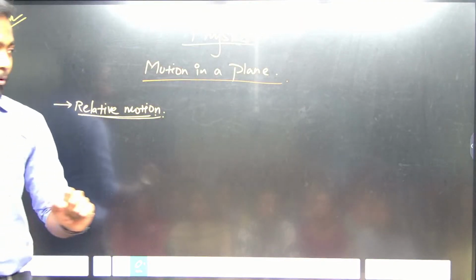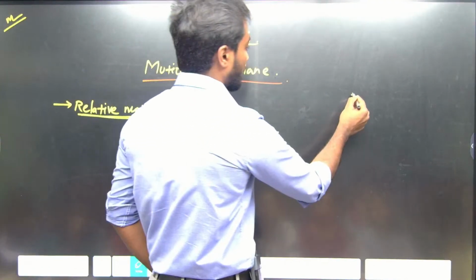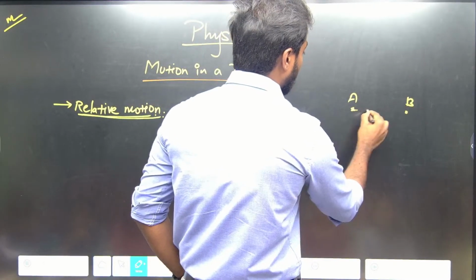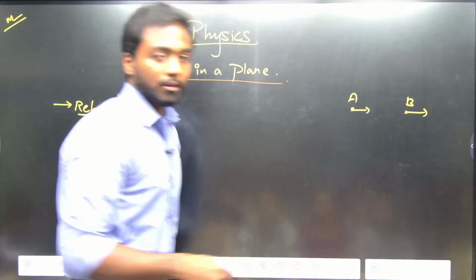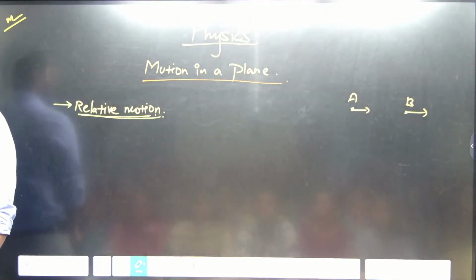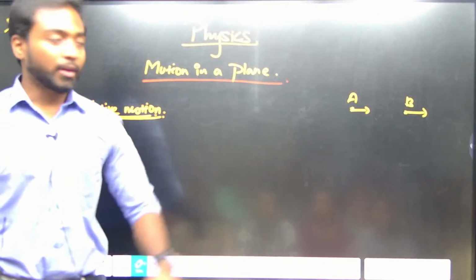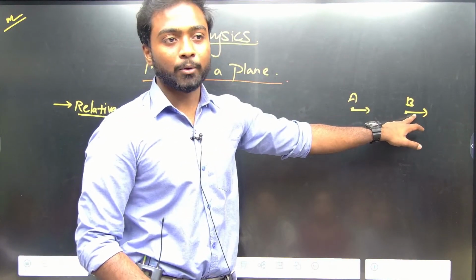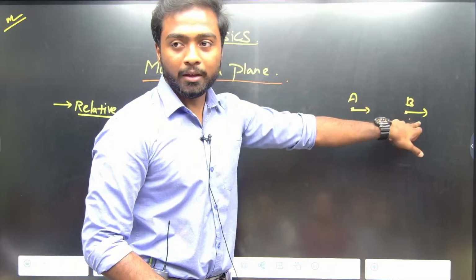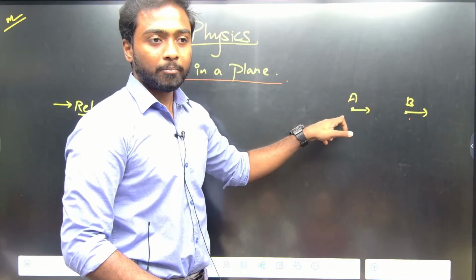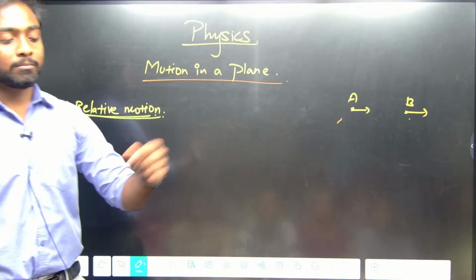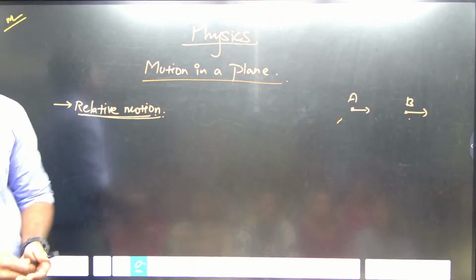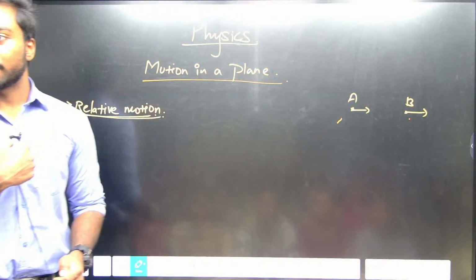Suppose a person A is there, person B is there, both are going with some velocity. If I want to talk about the velocity of A with respect to B, or else the velocity of B with respect to A. Getting the point? If a person is walking and I am also walking, what is his velocity with respect to me?